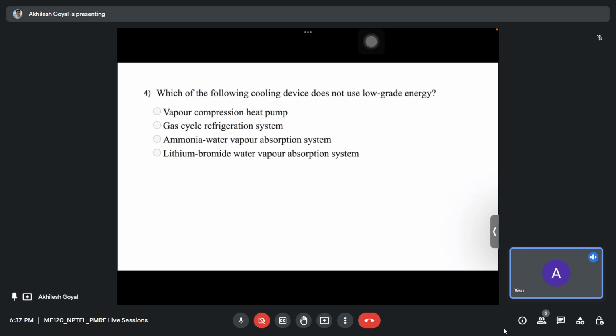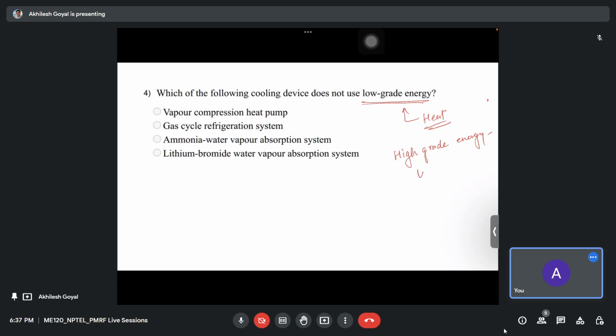The next one is: which of the following cooling devices doesn't use low grade energy? Very first we have to revise what is low grade energy. Heat is low grade energy. And what is high grade energy? Work.